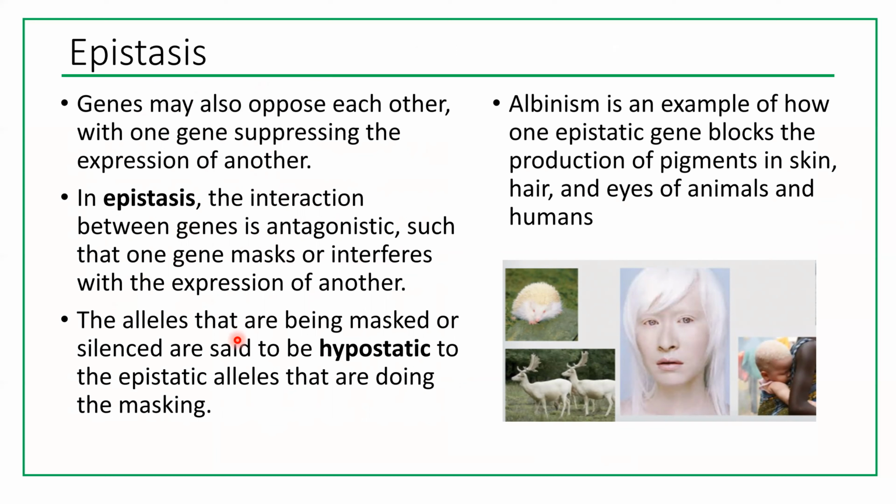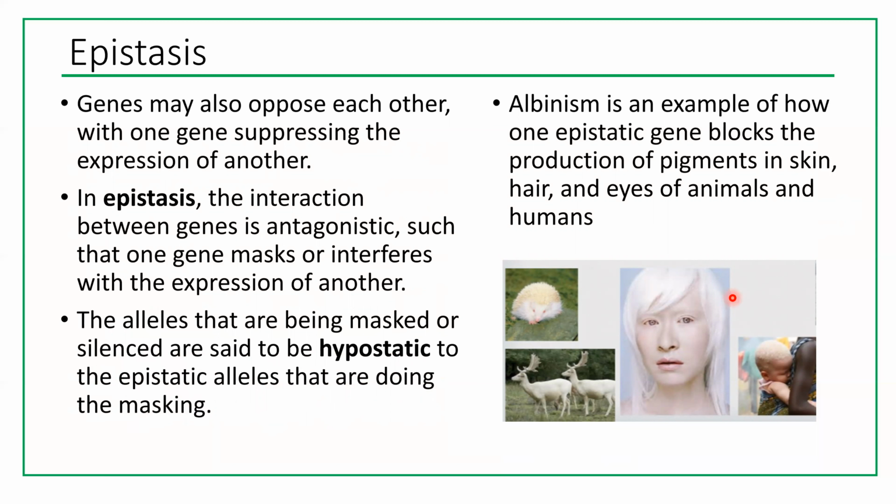The alleles that are being masked or silenced are said to be hypostatic to the epistatic alleles. Epi means on top, hypo means below. So one is epistatic, another is hypostatic. The one that is silenced is hypostatic to the epistatic alleles that are doing the masking.